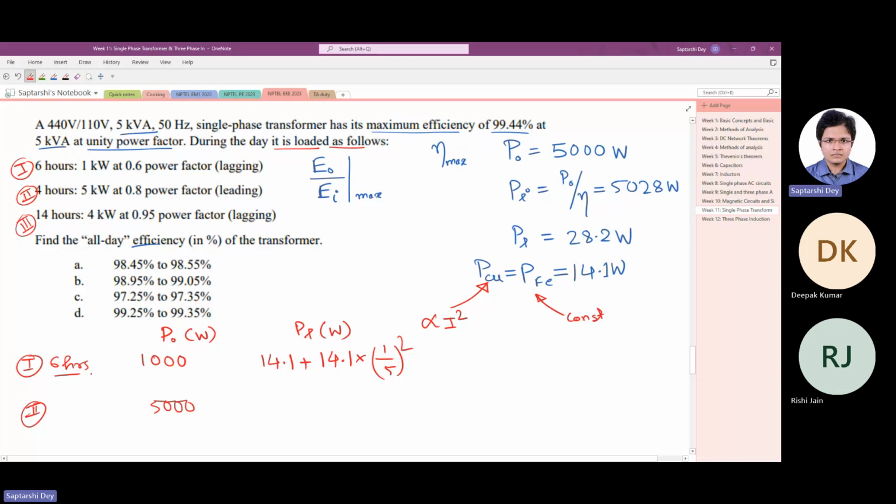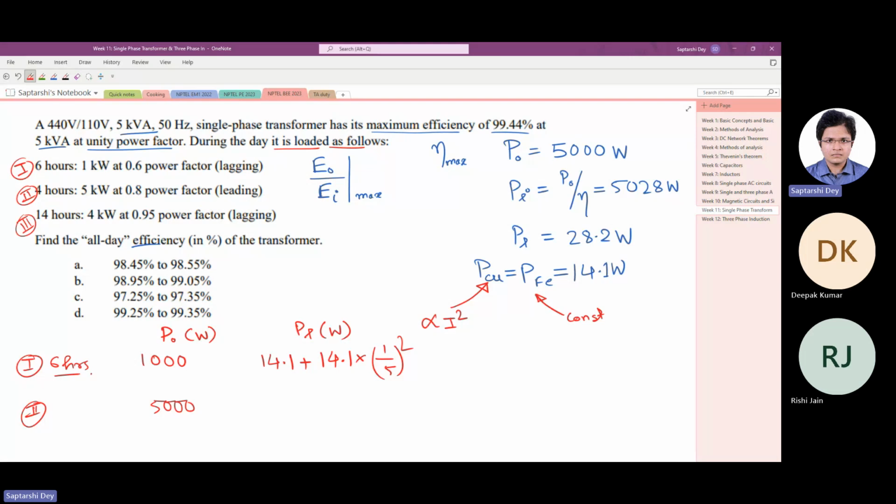Wait, am I doing something wrong here? Sir, how did the multiplication by 1/5 squared come about? Deepak, I can't hear you until you move the mic closer to your mouth. Sir, 14 multiplied by 1/5 whole squared, how did this 1/5 come?